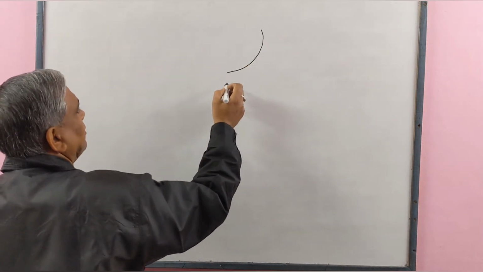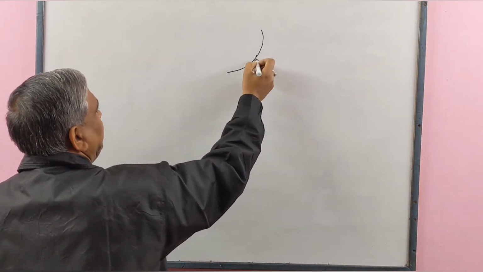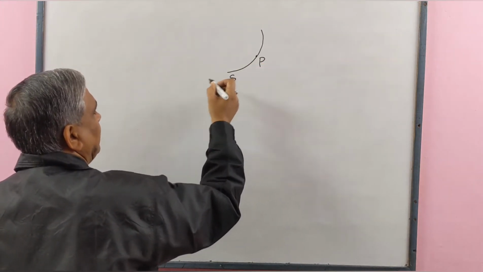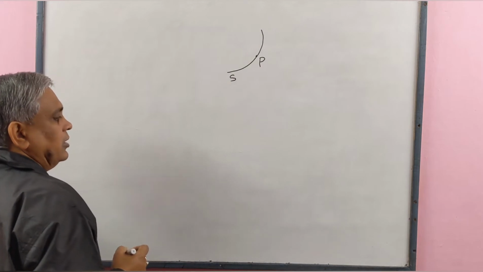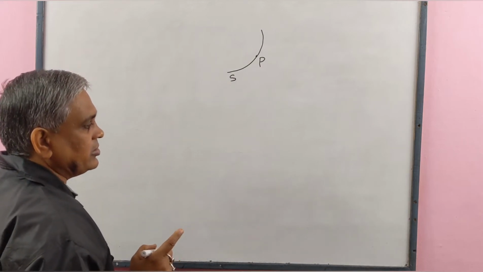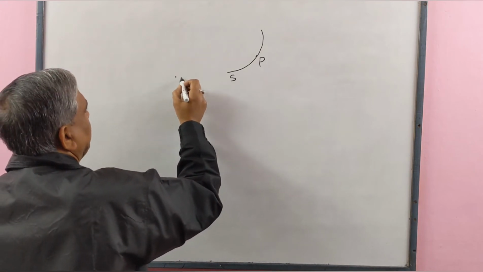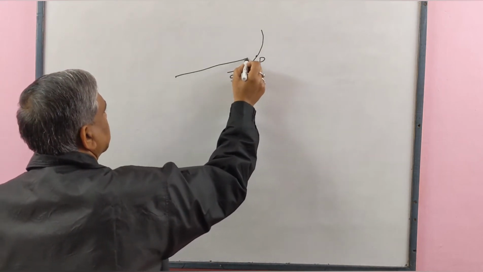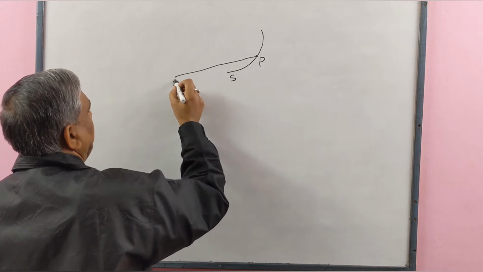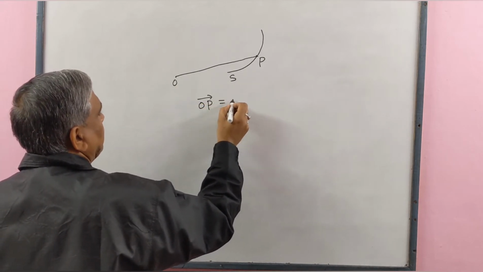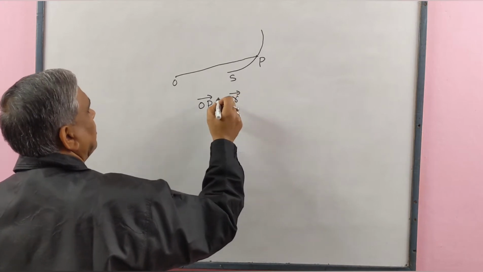Let P be a point on the curve S in 3-dimensional differential geometry. Let O be the origin, OP vector equal to R vector.